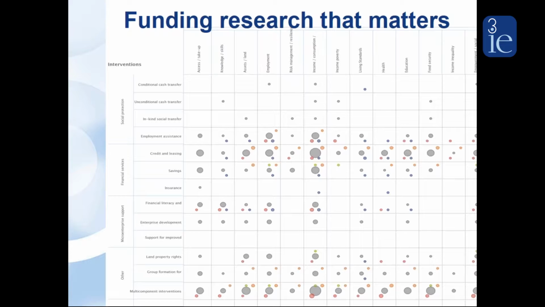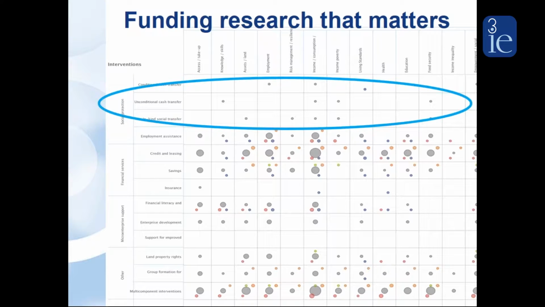So this is an example of an evidence gap map on productive safety nets, that 3IE conducted. You can see for unconditional cash transfers, in-kind social transfers, and conditional cash transfers implemented as a productive safety net tool, we did not find a lot of studies.